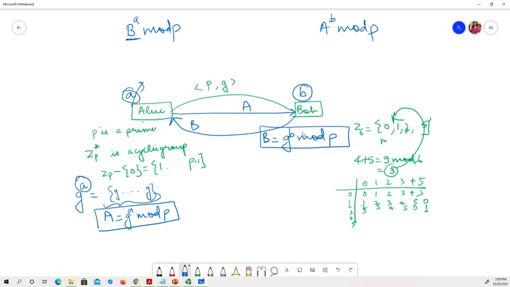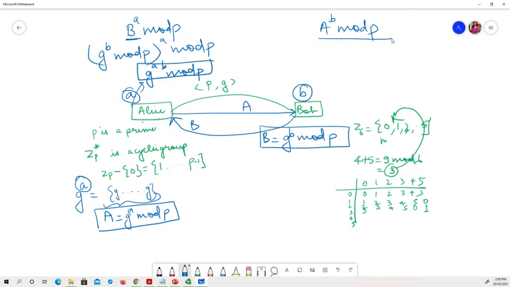B's value is g to the power of b mod p, raised to the power of a mod p. So this is equivalent to g to the power of ab modulus p. This would happen at the Alice side. Similarly, on the Bob side, A's value is g to the power of a modulus p, so g to the power of ab modulus p.